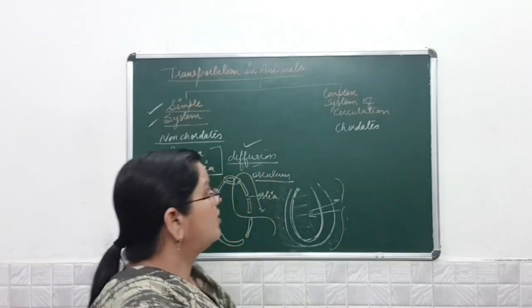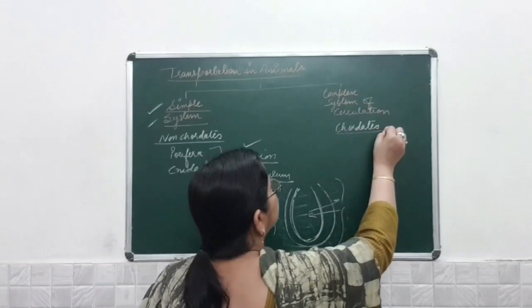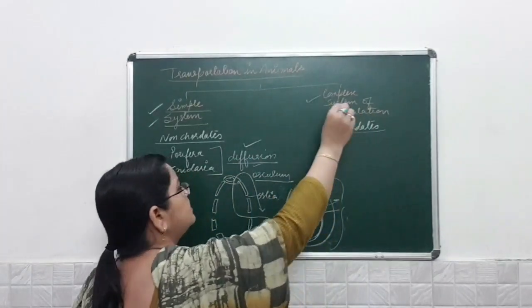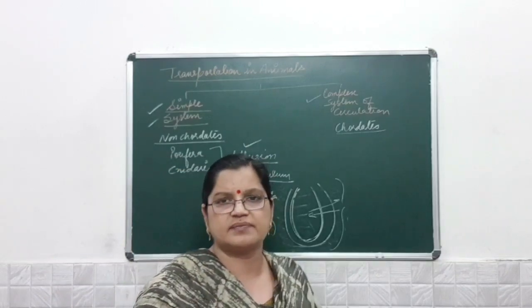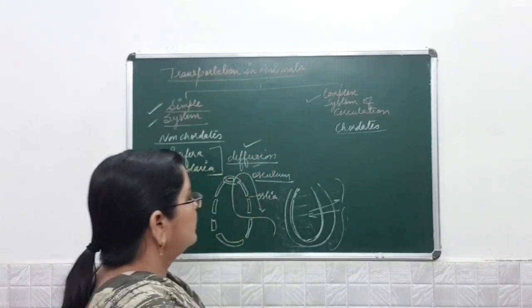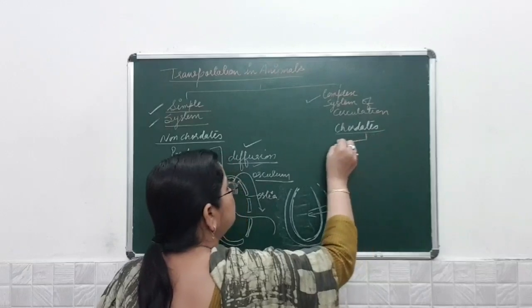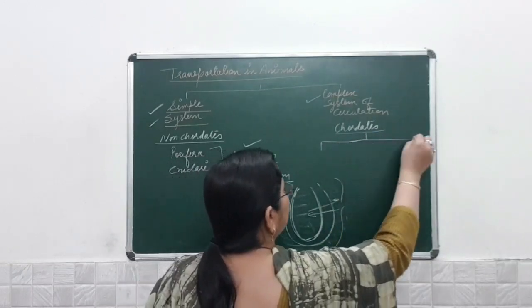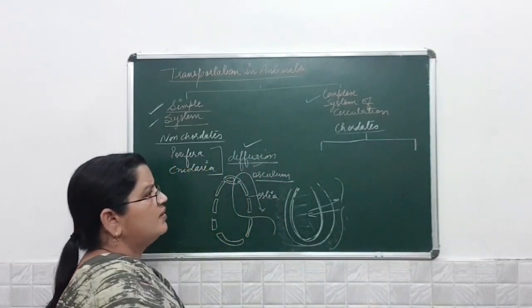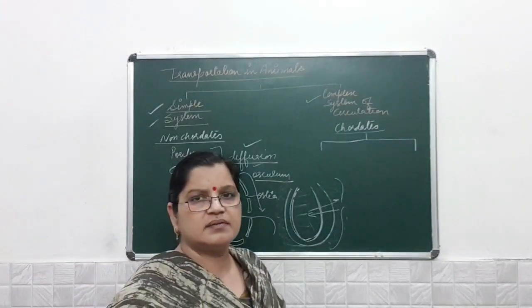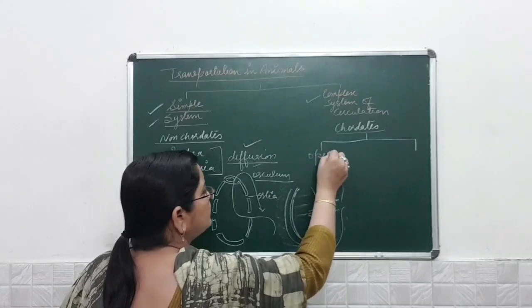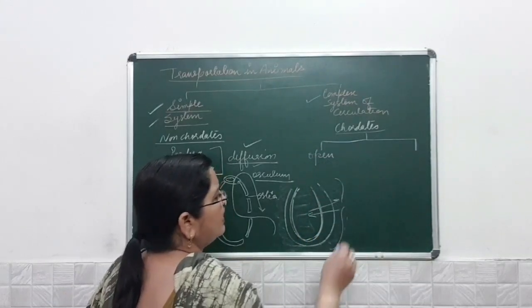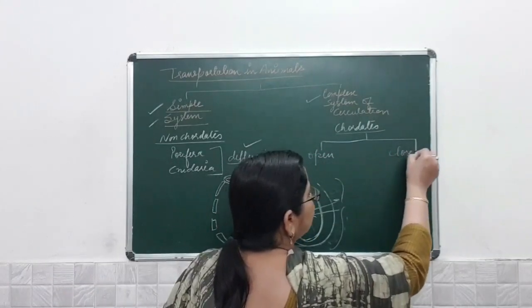But in chordates, the transportation or circulation system is complex. There are two types of circulation system seen in chordates. One is open circulatory system and the other is closed circulatory system.